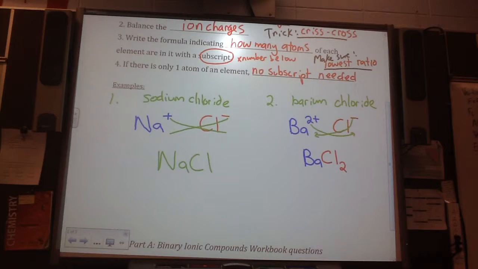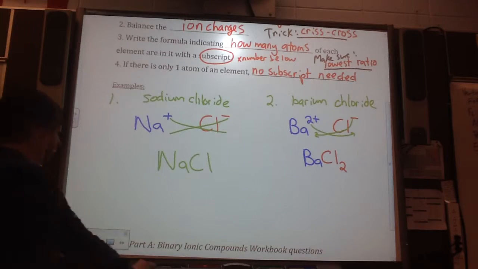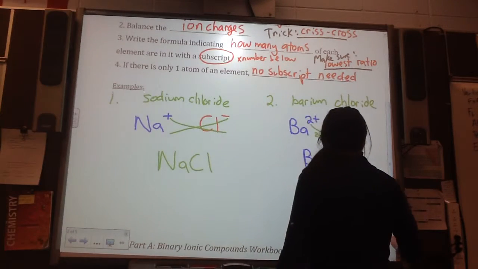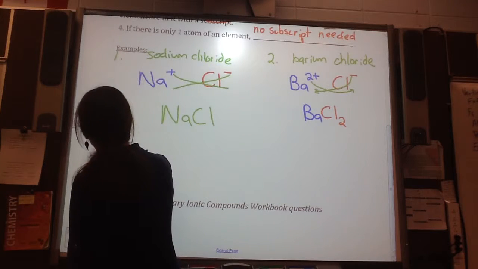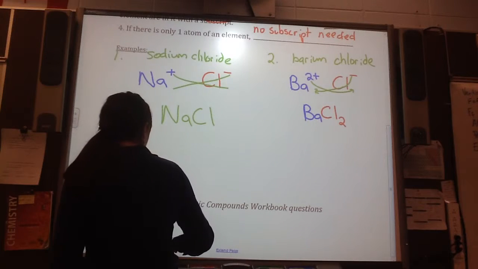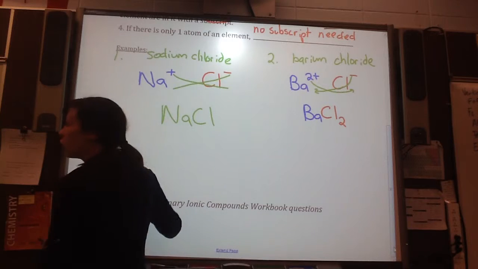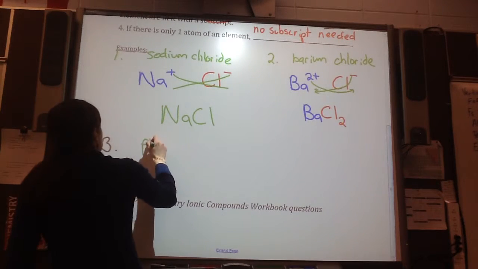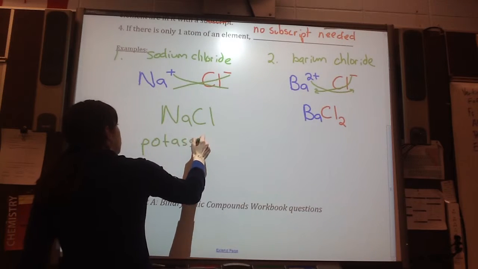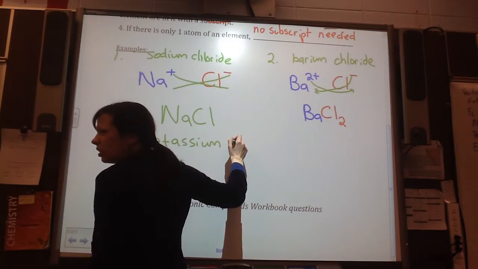So open up your workbook to what we just did and go to the potassium and oxygen one. So let's do potassium and oxygen like this. You can just put it to the side, have your workbook open. So we have potassium, and what was it, oxygen?